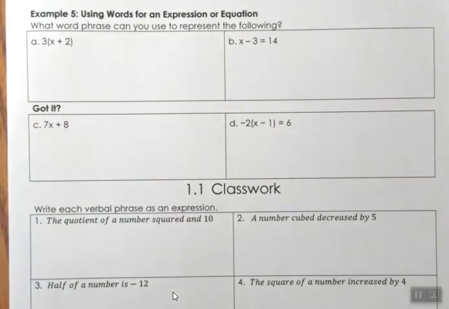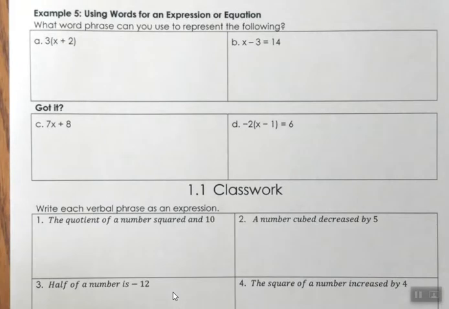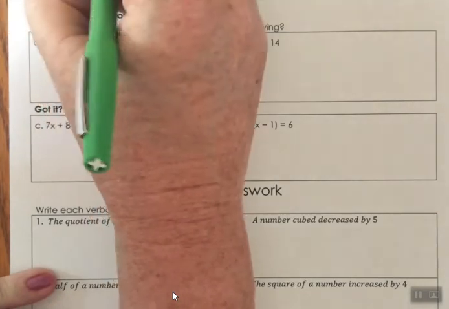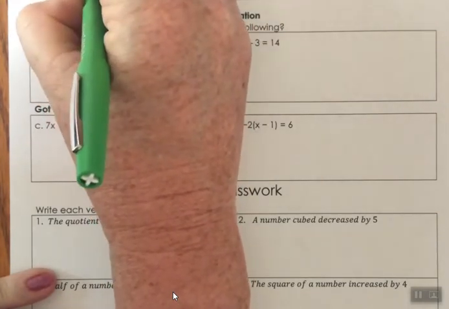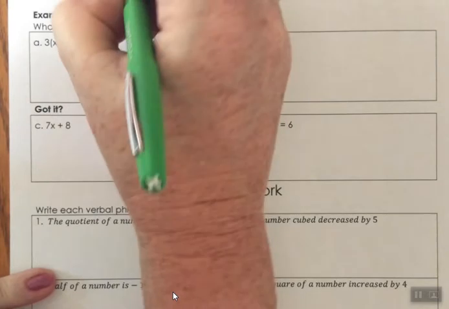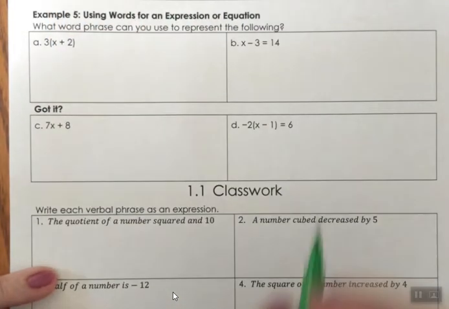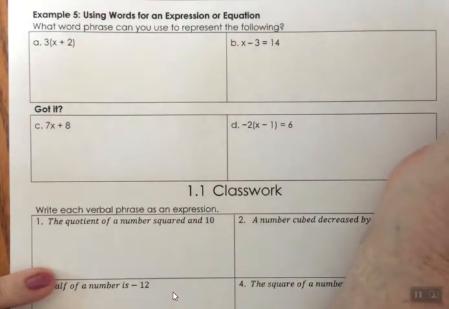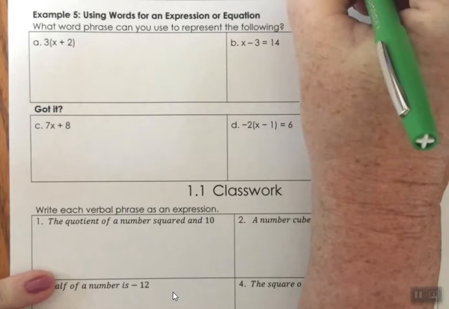Okay, let's look at the got its. We have the product of 9 and a number equals 36. Product means multiply, so we've got 9 and a number, and it equals 36. The next one, 5 more than, so it's going to be 5 plus a third of a number.